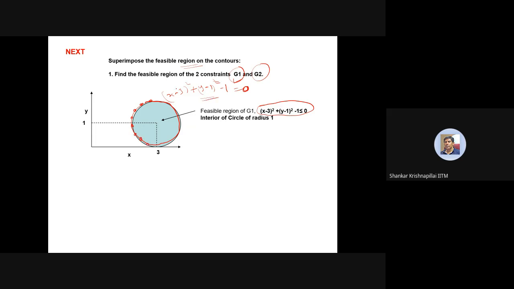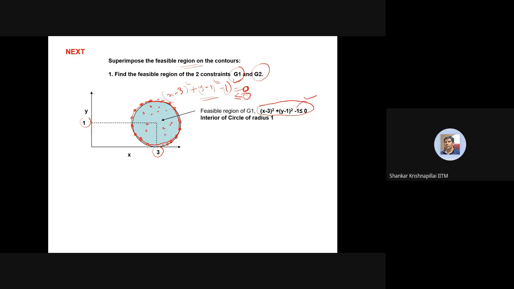This is actually a circle with center 3, 1 and radius of 1. If you put it equal to 0, all the points will lie exactly on the circle. And if you say the points are less than or equal to 0, which is what we want, it means that the points will lie inside the circle.